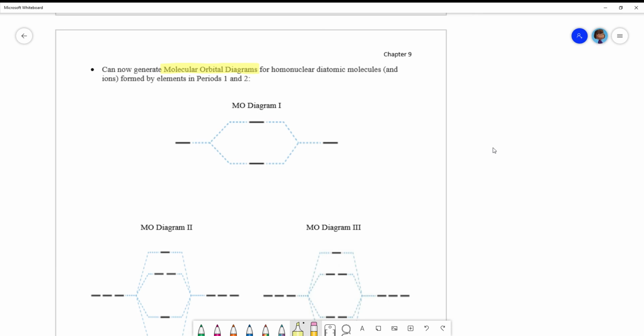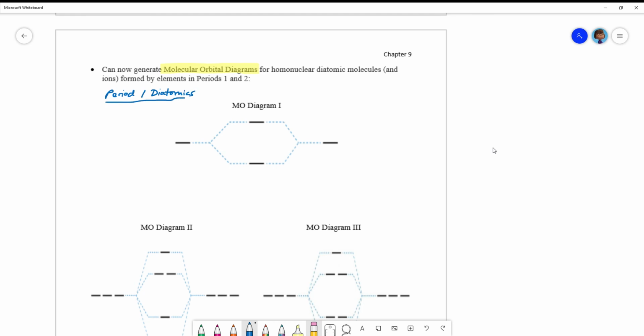So let's start at the top with the molecular orbital diagram. I call this MO diagram 1, that we would produce if we were making diatomic molecules from elements in period 1. So we're going to start with period 1 diatomics.